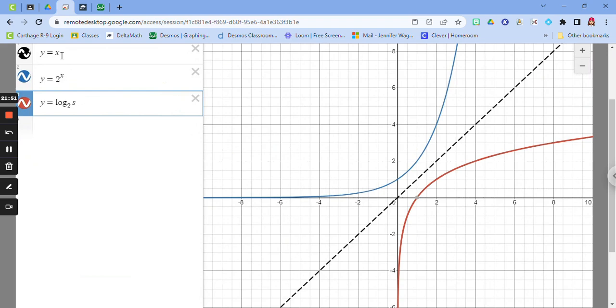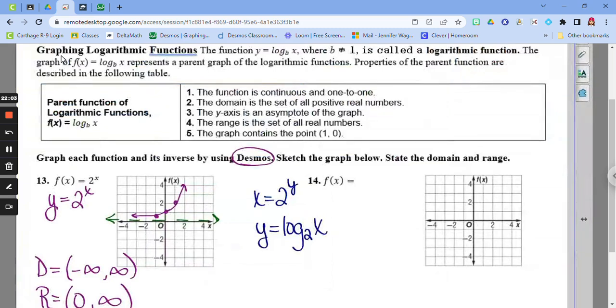Now, coming up with our domain and range, you're just going to copy the sketch from Desmos onto here.